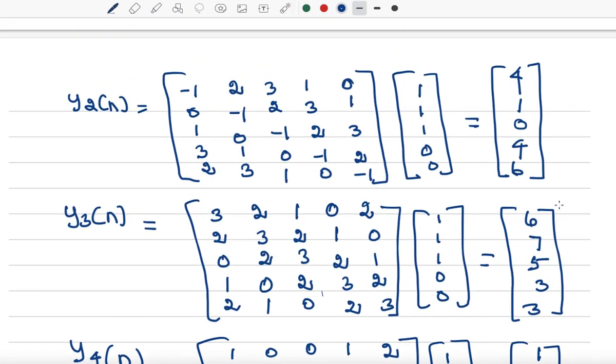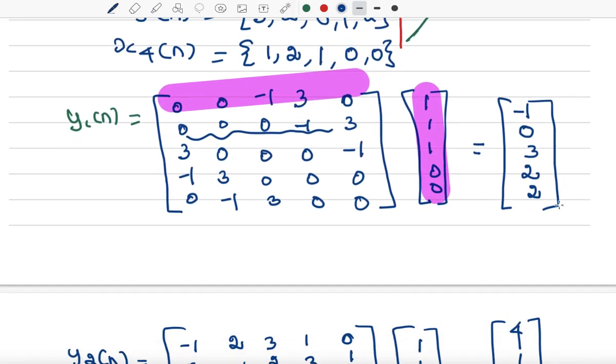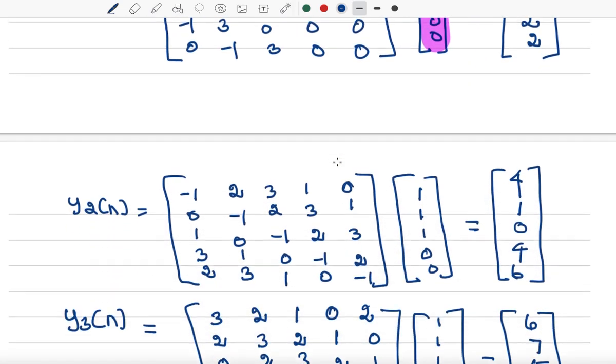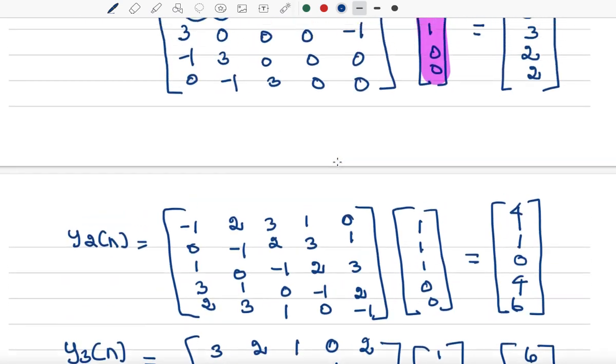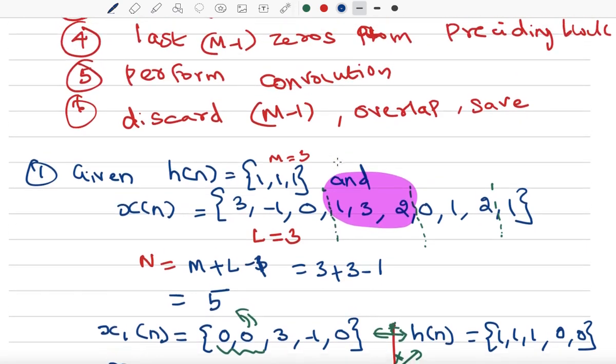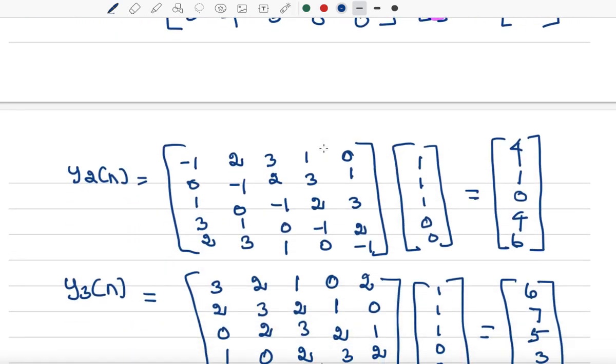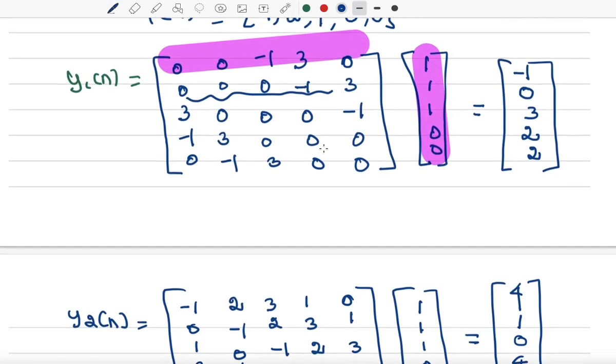Now we have 4 subblocks, so we performed the convolution for each subblock and we are having 4 convolutions. So what's the next step? Already I told that after performing the convolution we want to discard the previous m minus 1 terms.